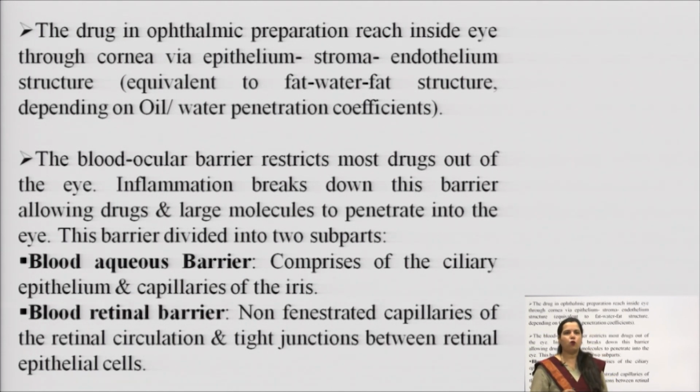The blood aqueous barrier comprises the ciliary epithelium and capillaries of the iris. These are parts of the eye which I told you about earlier. The blood retinal barrier comprises capillaries of the retinal circulation and tight junctions between retinal epithelial cells.